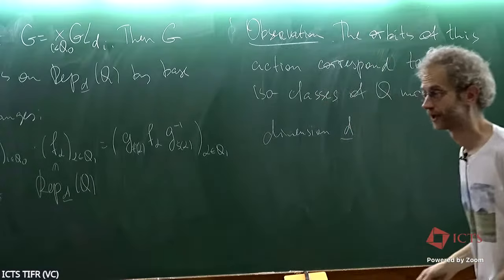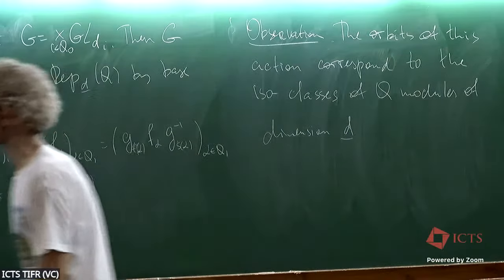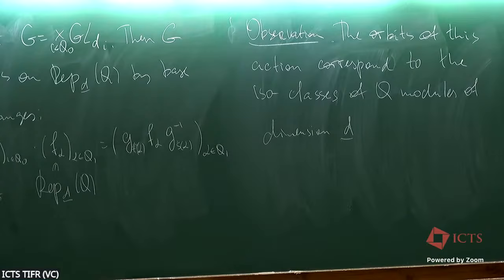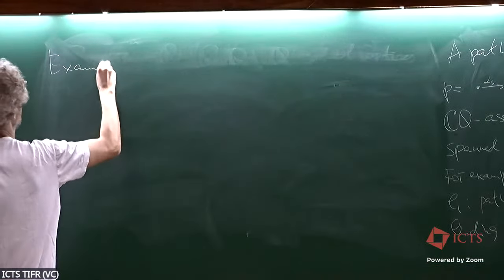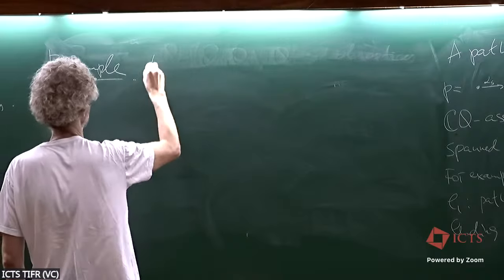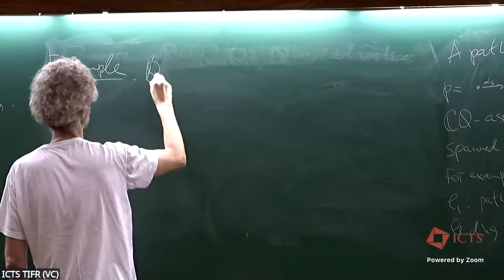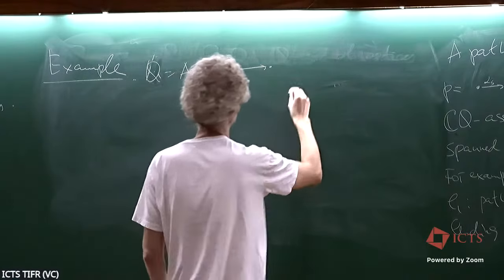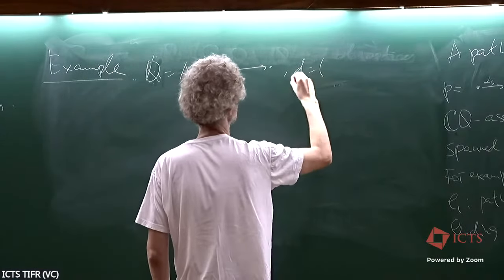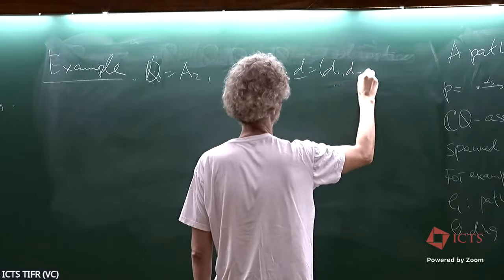Okay. So let me give you a very concrete example of such a picture. Namely, we take our simplest A2 quiver. So Q is A2, so D is D1, D2.